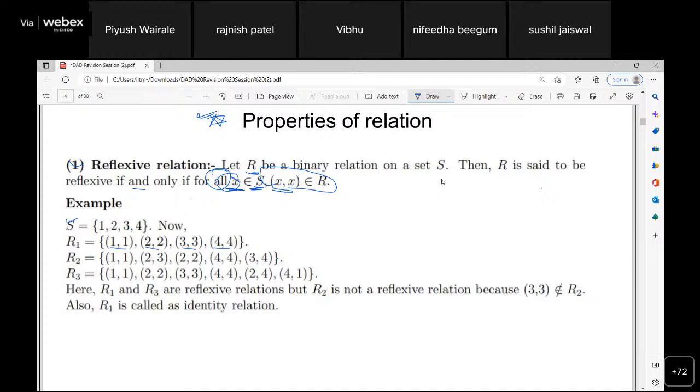In R2, 1 comma 1, 2 comma 2 and 4 comma 4 are there, but 3 comma 3 is not present, so R2 is not a reflexive relation. In R3 you can see 1 comma 1, 3 comma 3, 2 comma 2, 4 comma 4, so R3 is a reflexive relation. Any doubt in this part?